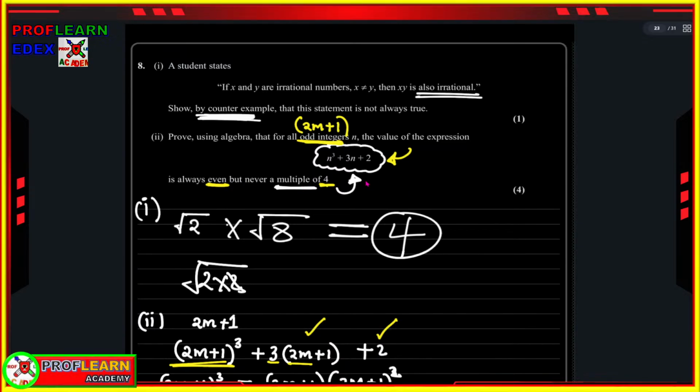So if a number is a multiple of 4, it means it can be expressed as 4 times something. There is 4 times something, right? So let's check that this is not true.